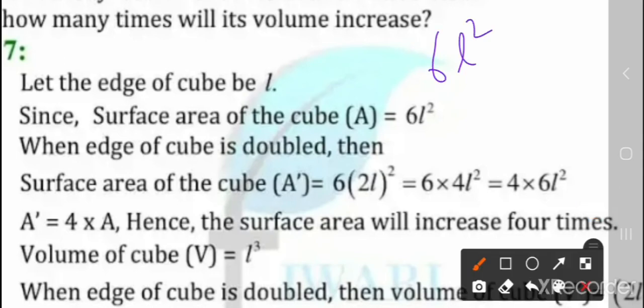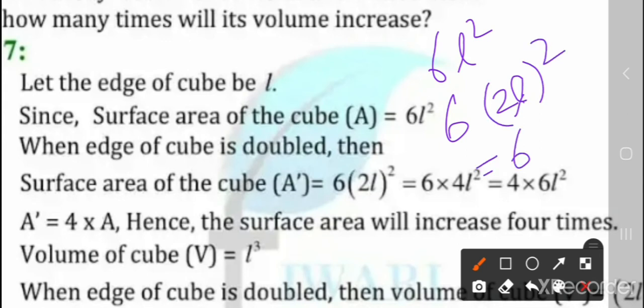So instead of L, you will write 2L. 6 into 2L whole square, so it will be 6 into 4L square. And 4 into 6 and 6 into 4 is the same.